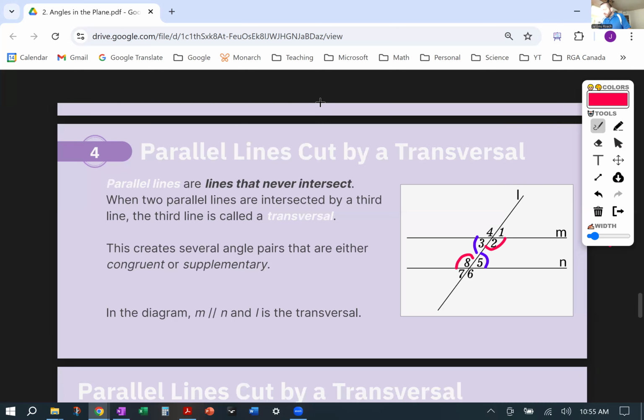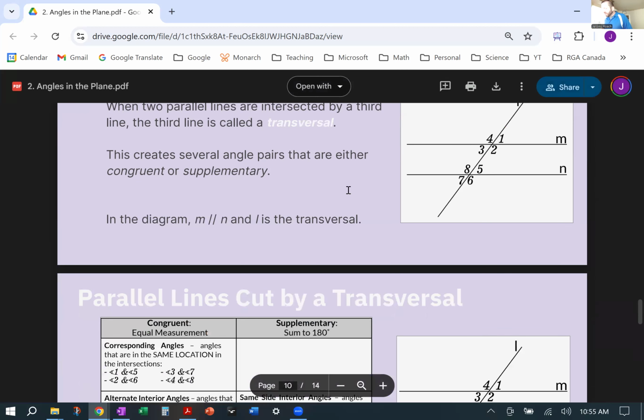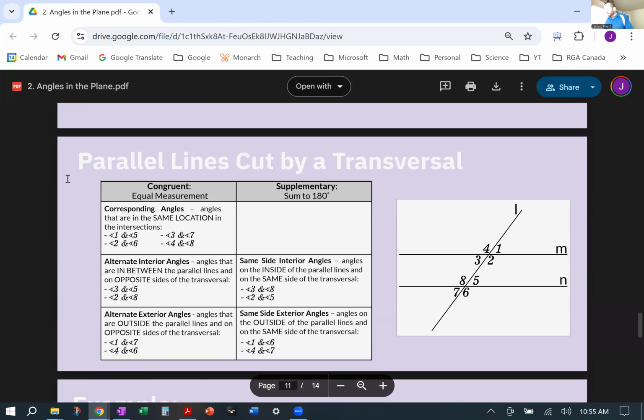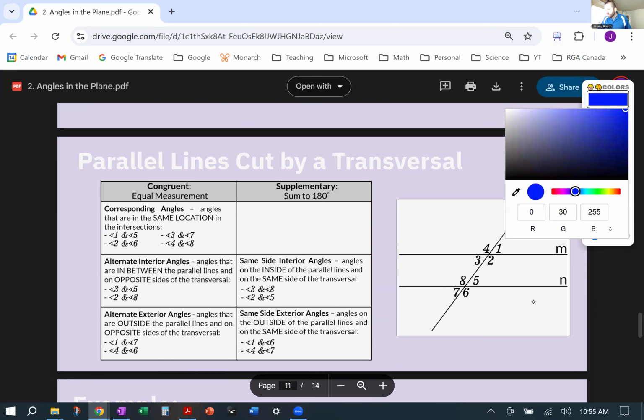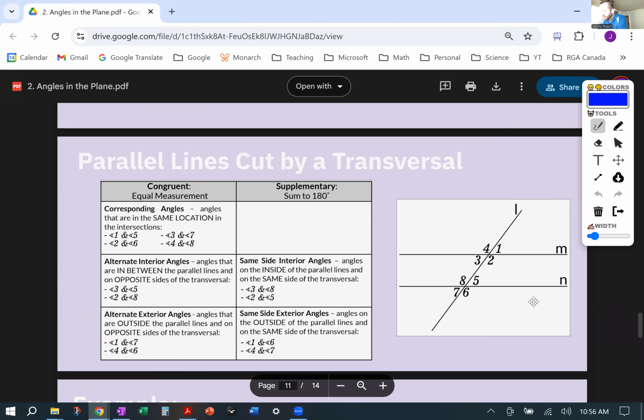So if you know those and the corresponding angles and the vertical angles, you will know all the rules for these. And this is a diagram showing us what all these rules are. But I have already drawn what these all are. So I think maybe I might have left out one of these, and that's same side interior.